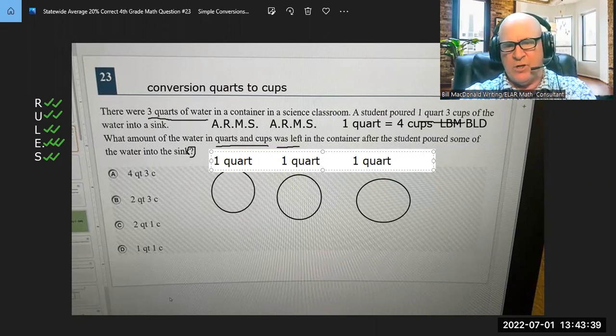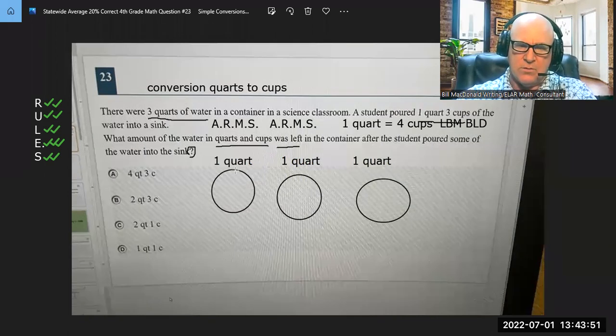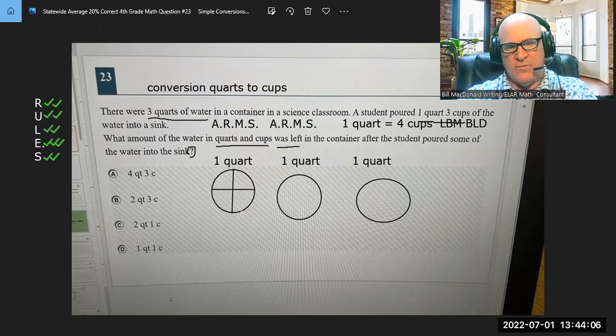So if the conversion rate says, for every one of these quarts, if I multiply, well, then let's just multiply doing a drawing like this, okay? For every single one of those quarts, there's 4 cups. So there's the 4 cups that go into that quart.